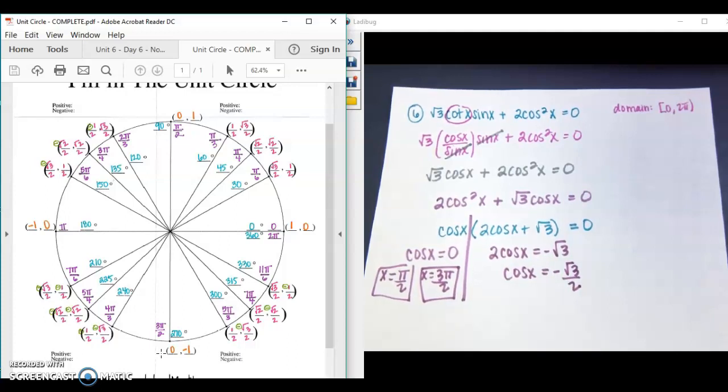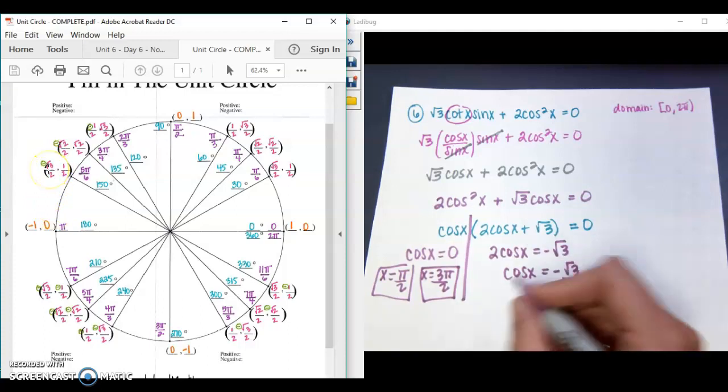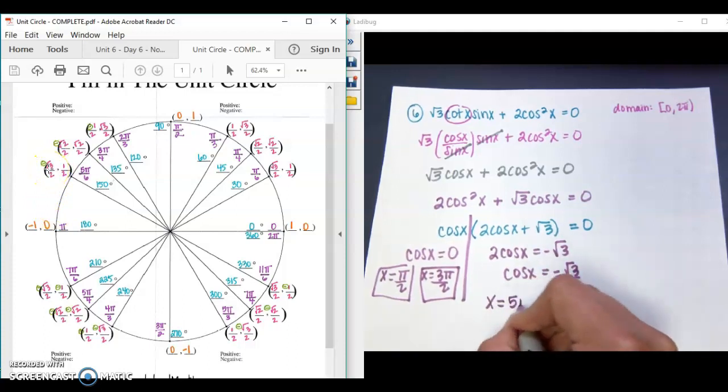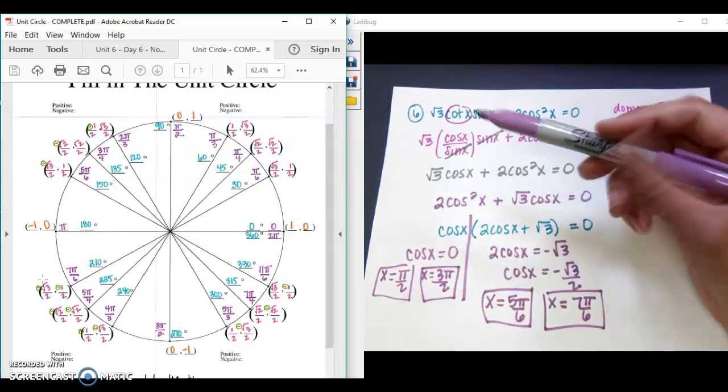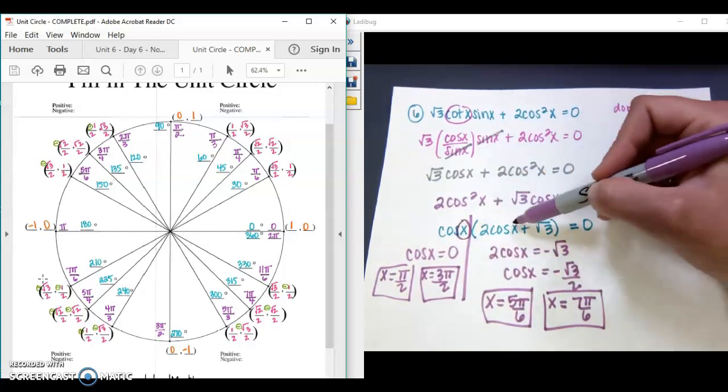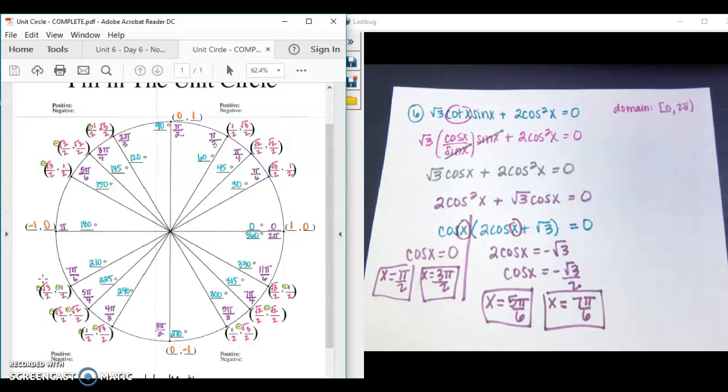So we're looking for when the x value is negative square root of 3 over 2. So that happens at 5 pi over 6. And that happens at 7 pi over 6. So we have 4 answers for this problem. The reason we're only doing one round of answers is because we just had an x here. It wasn't the 2x or 3x. So that gives us the complete answer.